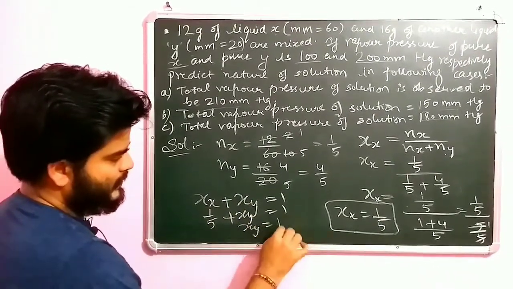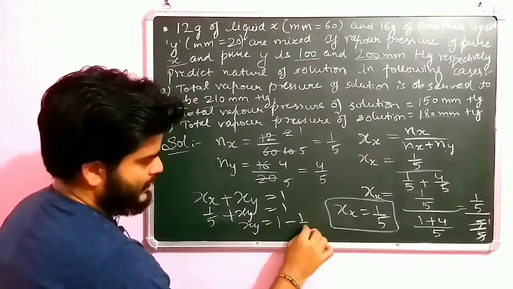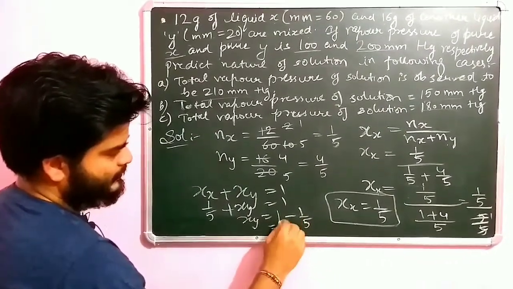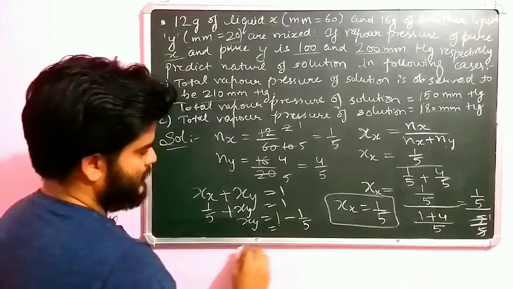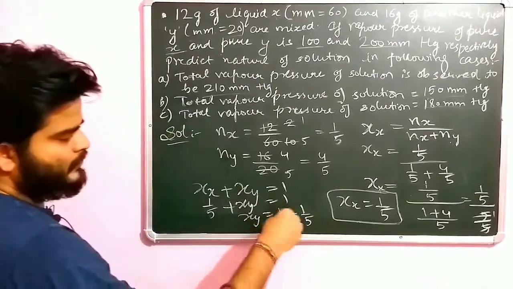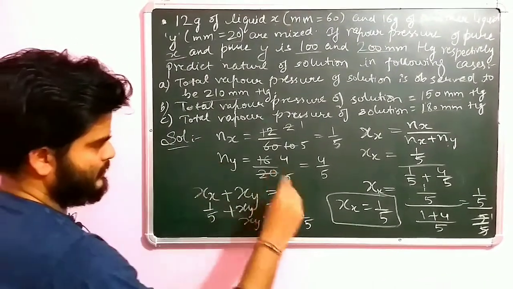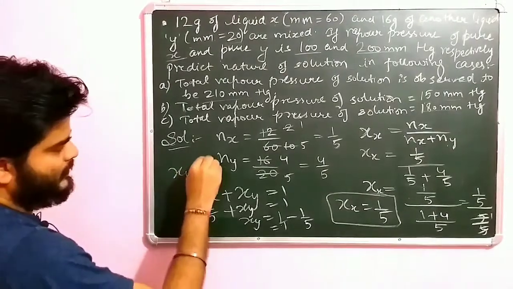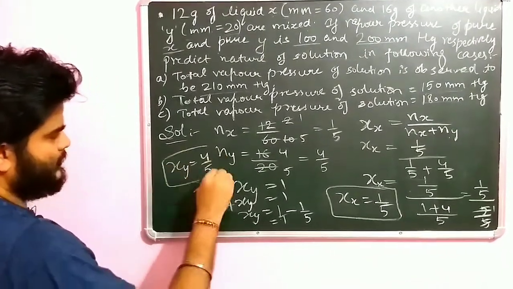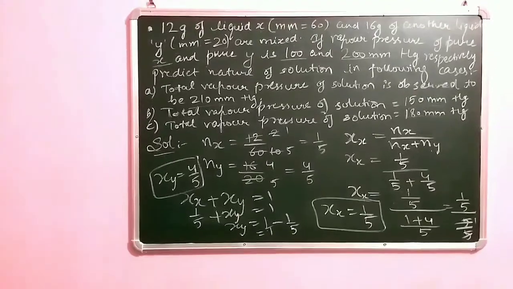So mole fraction of Y, this will be negative on right hand side, and when you solve this, this will give you 4 by 5. So mole fraction of Y comes out to be 4 by 5.